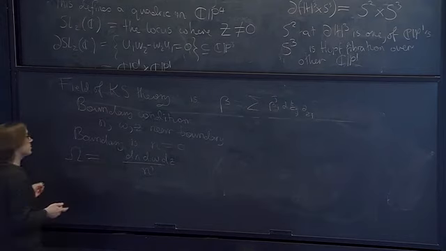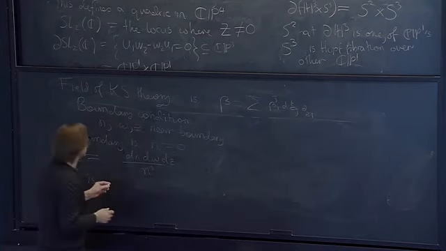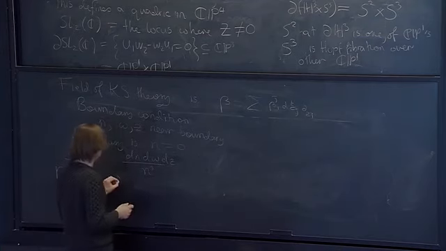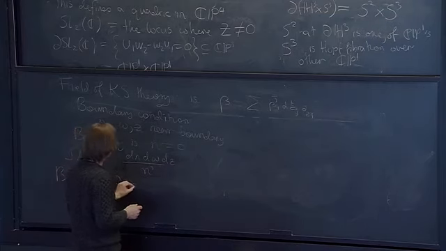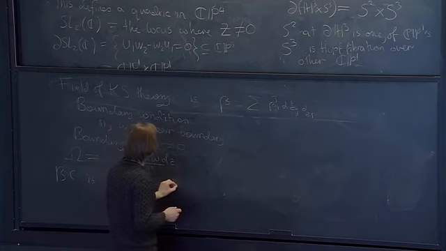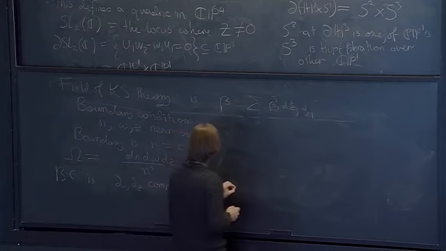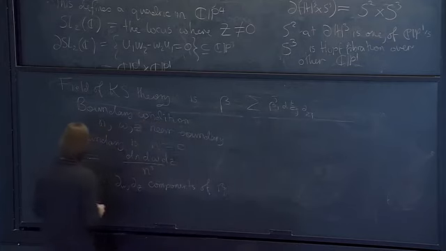So the boundary condition we'll take is that the dw dz components of beta are divisible by n squared.